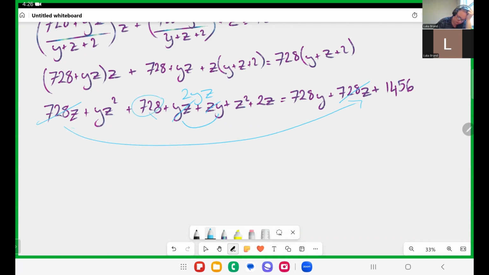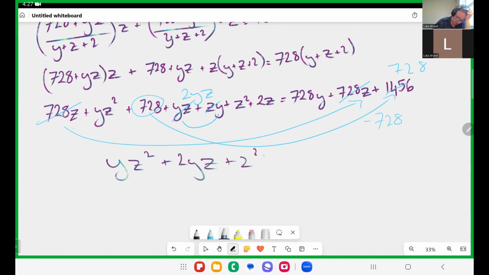This is moving to here as a negative 728, which makes this 728. 2yz, can't do anything with the z squared, can't do anything with the 2z right now, and can't do anything with that right now. yz squared plus 2yz plus z squared plus 2z equals 728y minus 728.